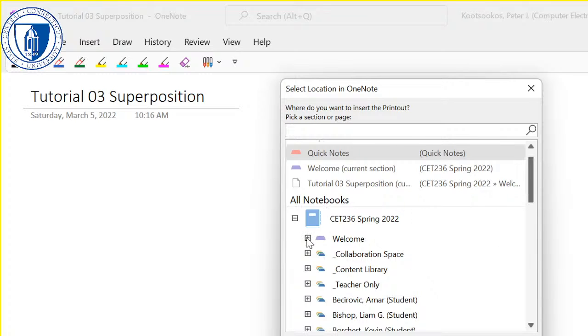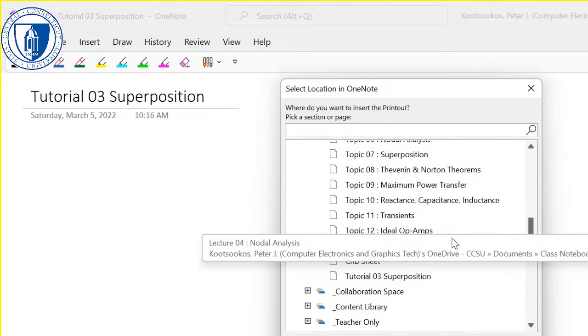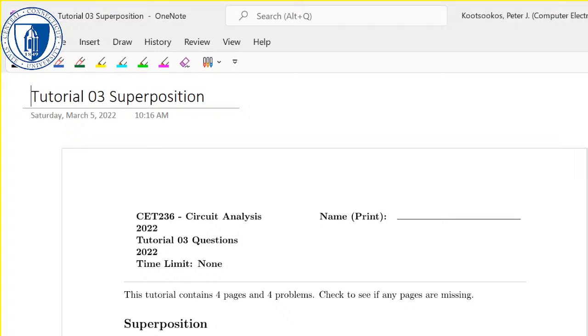Huh. Why I think that's easier than just going insert, I do not know.